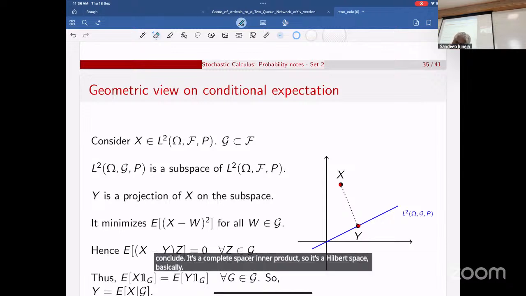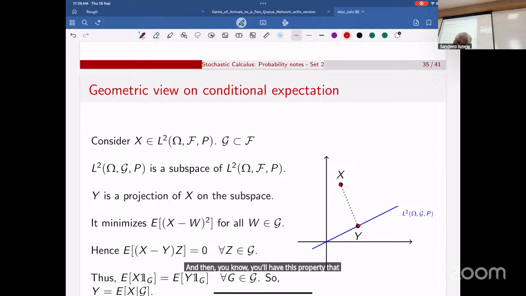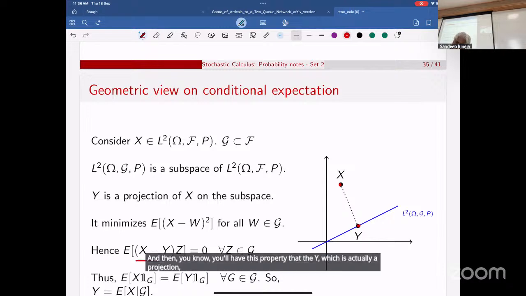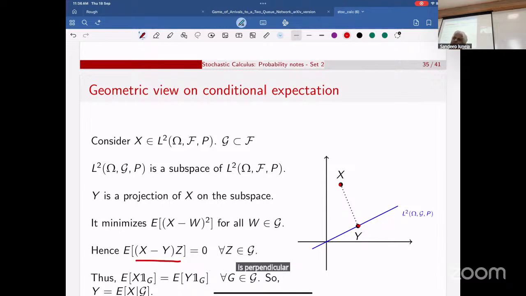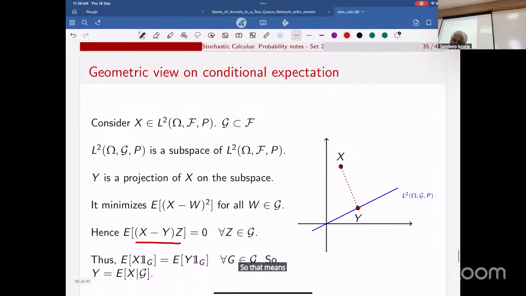And then you'll have this property that Y, which is actually a projection, has X minus Y perpendicular to all Z for all Z in G. So in particular, I can take Z to be just indicators of events small g, and this property immediately gives me that E of X times indicator of g is equal to E of Y times indicator of g for all g in calligraphic G.